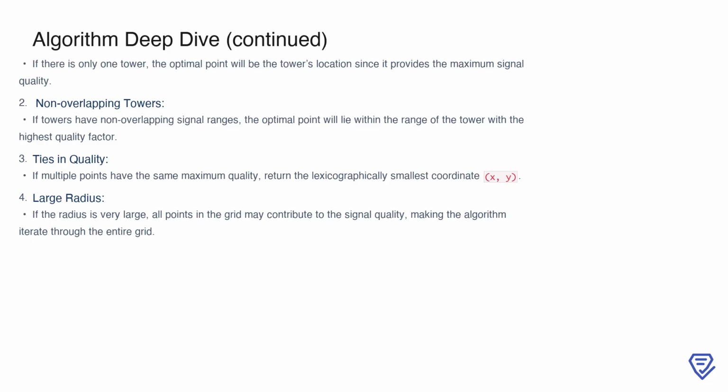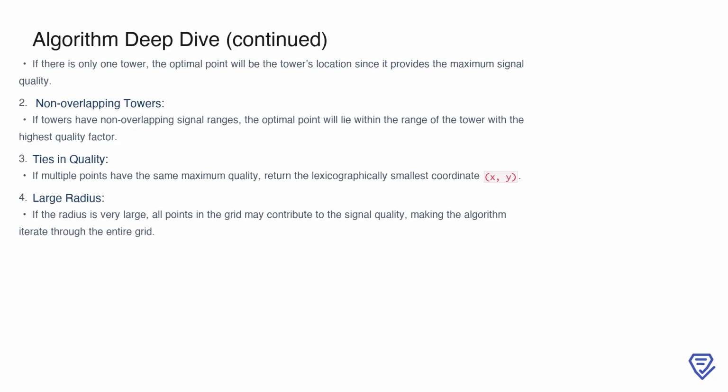When there is only one tower, the optimal point will always be the tower's location, as it provides the maximum possible signal quality. For towers with non-overlapping signal ranges, the optimal point will fall within the range of the tower with the highest quality factor. In cases where multiple points yield the same maximum quality, the algorithm resolves ties by selecting the lexicographically smallest coordinate.